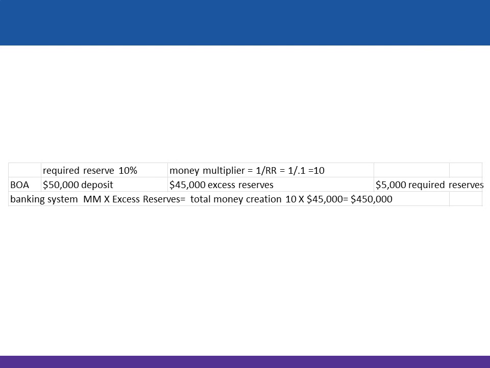That gives us $450,000 worth of total money that the banking system as an entire entity can create. So money multiplier times initial excess reserves equals the total money creation of the entire banking system. In this case, 10 times the initial excess reserves of $45,000 gives us a grand total of $450,000 that the banking system can create.